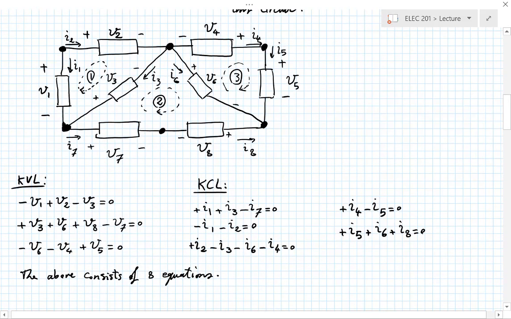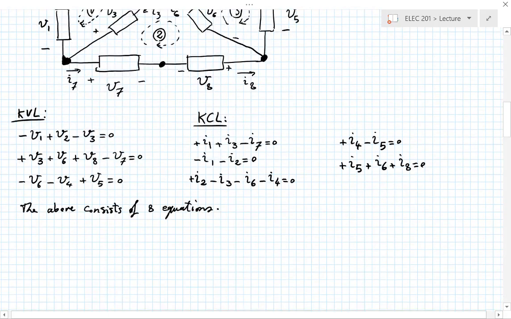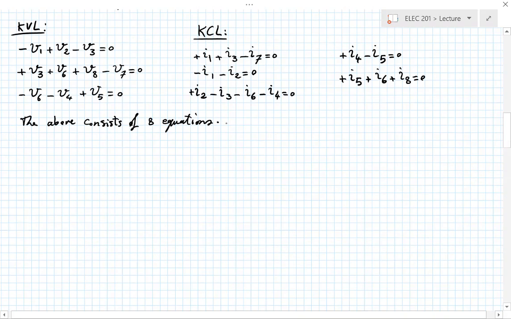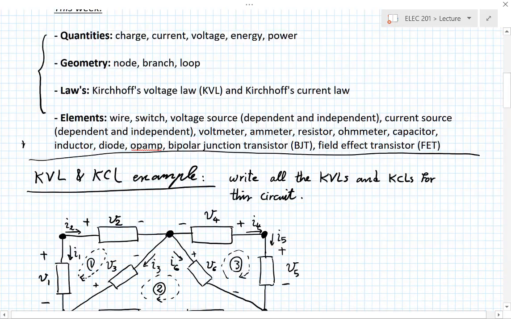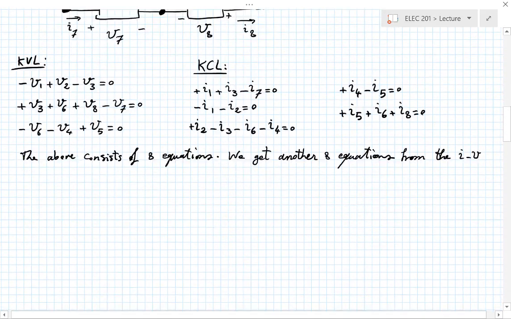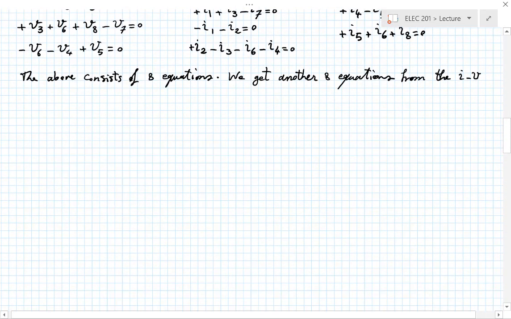You will get another 8 equations from each element. Each element has a relationship or some information about its voltage and current. We get another 8 equations from the current voltage relationships of the elements. Oh, my computer is not cooperating today. It's sensitive.